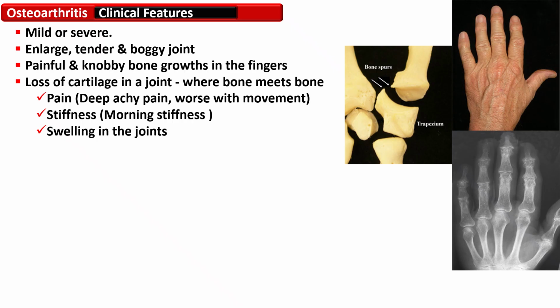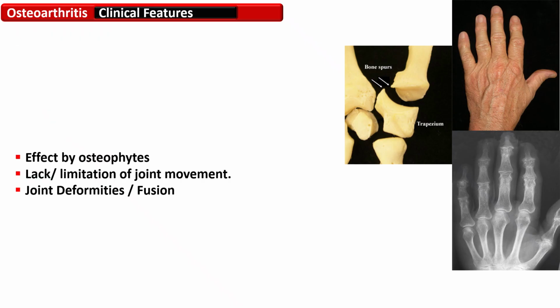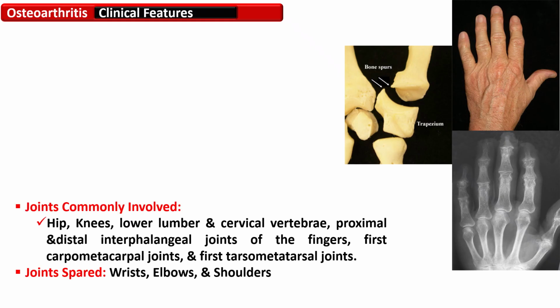Then there are effects by the osteophyte, in which there is nerve root compression, which results in radicular pain, spasm of the muscle supplied by that particular nerve, atrophy of the muscle, or neurologic deficit. Then there is a limitation of the joint movement.